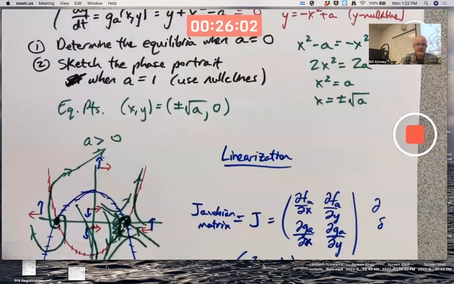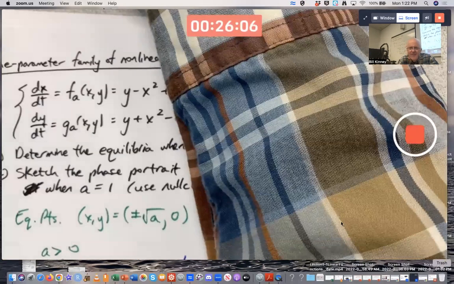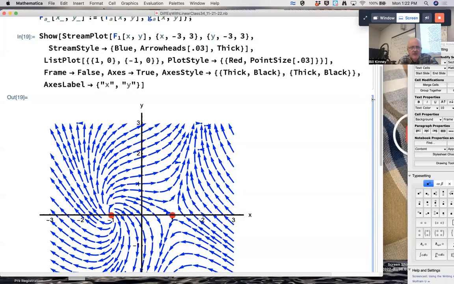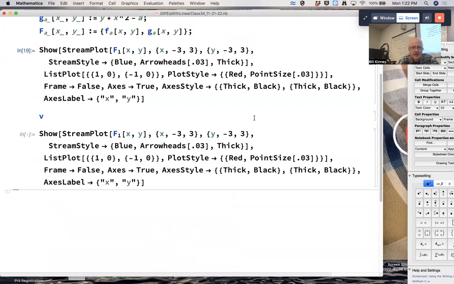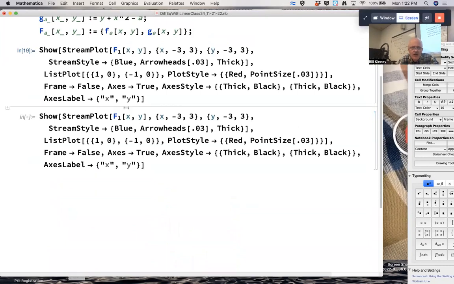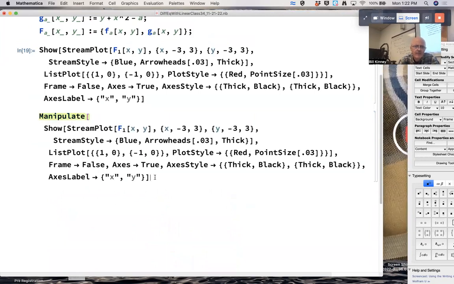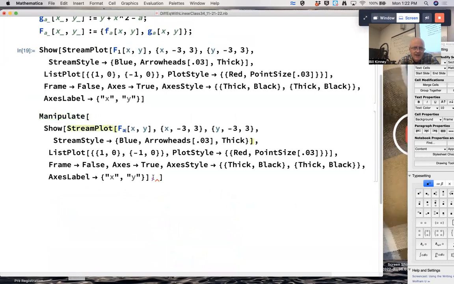Let's quickly look and see what Mathematica produces. So here's Mathematica stream plot when a is 1. But I want to see what happens as a changes here. I could put this inside Manipulate, and change this 1 to an a.